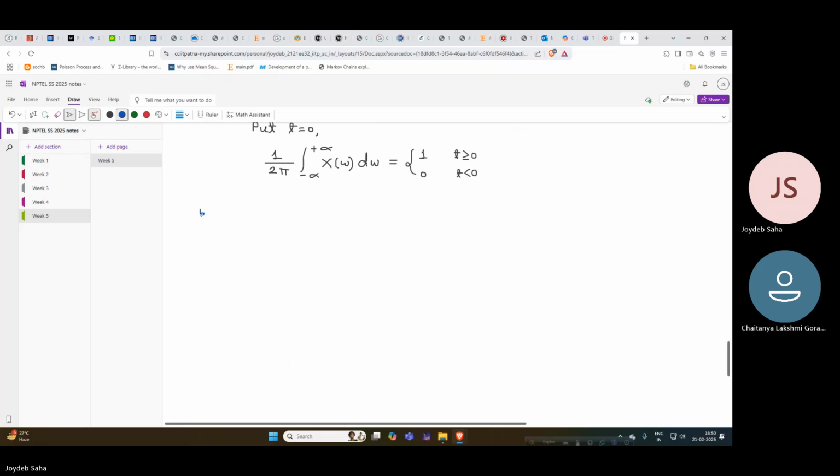Question number 5. We have a signal. It looks like this. This is d2f(t)/dt2, and this is t.